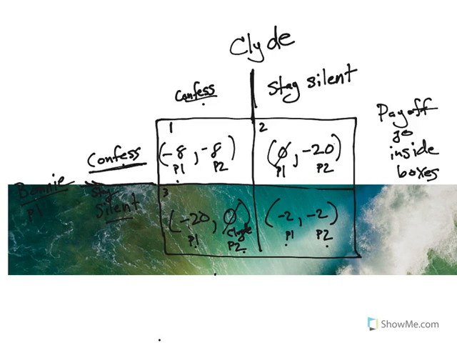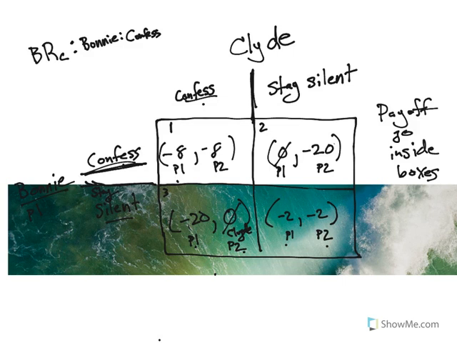What if he knew without a shadow of a doubt that Bonnie was going to confess? What is Clyde's best response to Bonnie choosing the strategy confess? What should he do? Well, let's look at the outcomes, and we're going to underline the payoff to his best response as a way of keeping track of them.